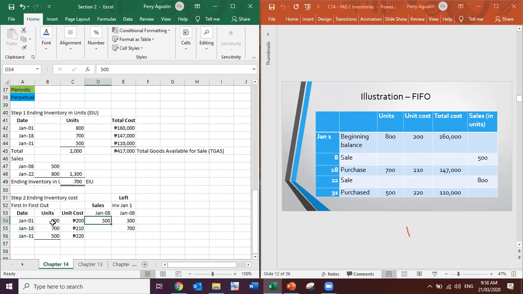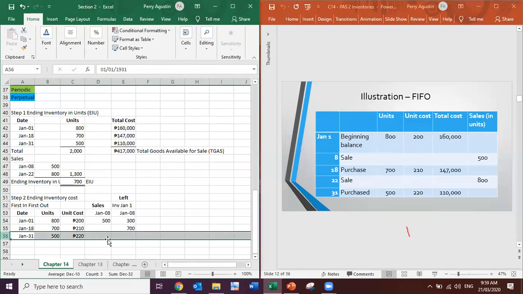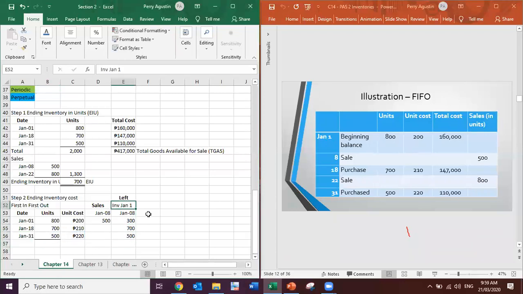Did everyone get that? Raise your hand. There you go. So the 500 that we sold was applied first to the 800 units because it was the first one bought. It is the first one that should be sold. And what is left is 300. Then for January 31, how many inventories still left? We still have 500 because they haven't been sold yet, right?